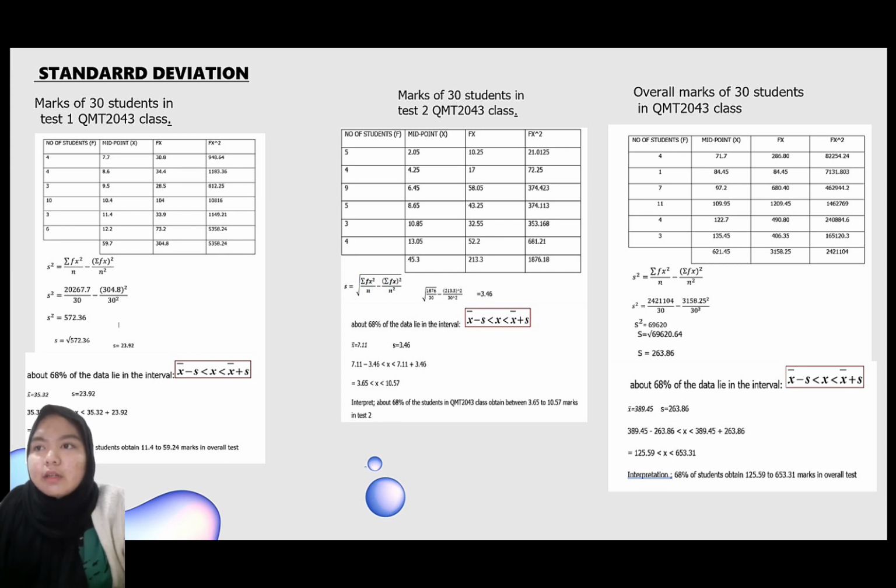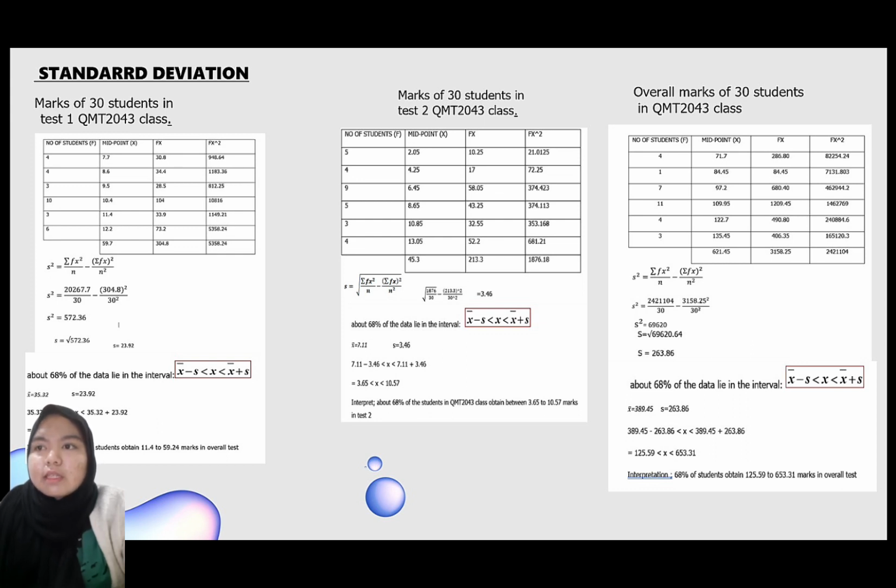About 68% of the data lie in the interval 7.11 minus 3.46 less than X less than 7.11 plus 3.46.